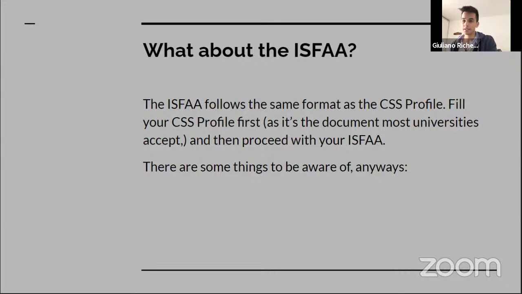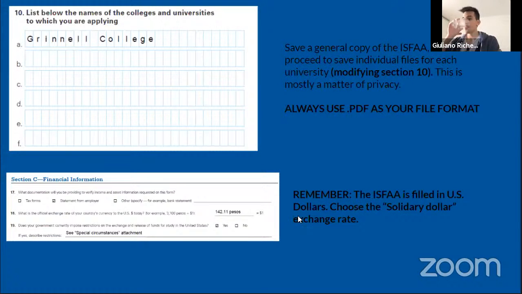But there are still some things to be aware of, which are the section 10, which is listed below the name of the college and universities. I would say the best choice here would be saving a general copy of the ISFAA and then making individual copies for each university, modifying section 10.